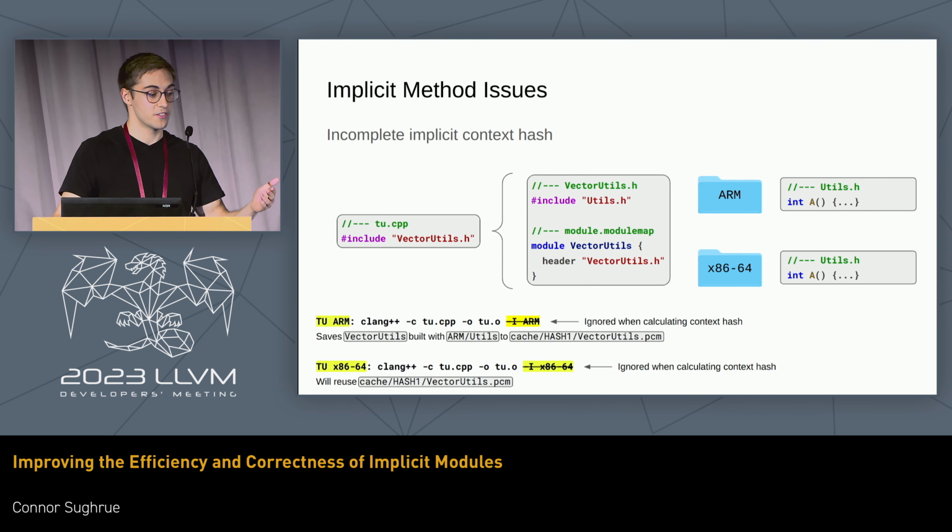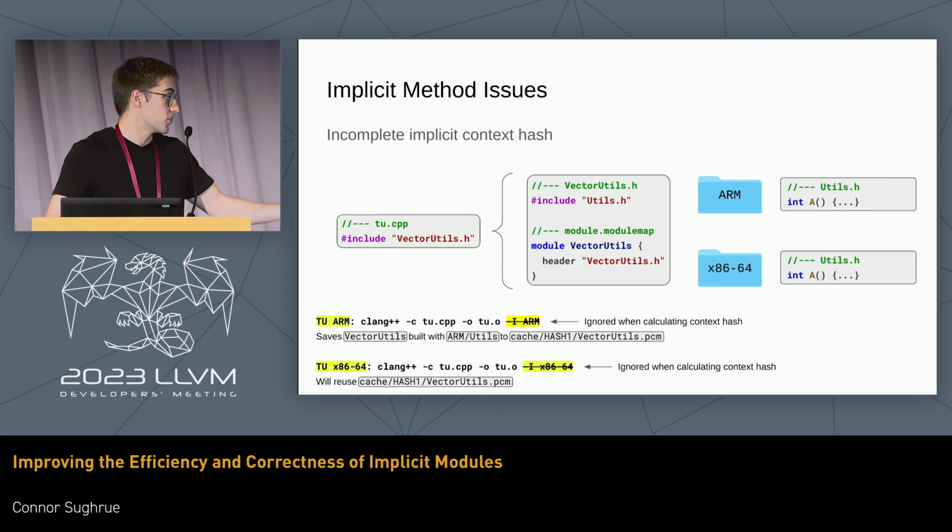The compiler begins to build tu.cpp and encounters an import for vector utils. So it goes to build vector utils with the ARM optimized functions. Once that's done, the module vector utils is saved to the cache, and tu.cpp finishes building.